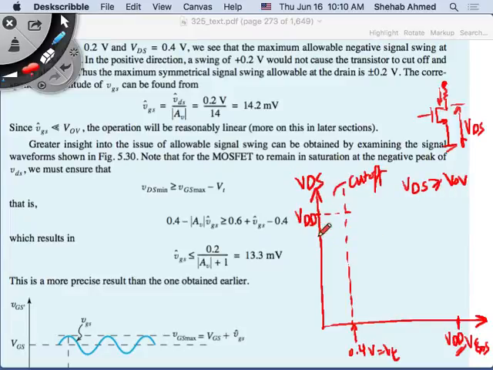So for VDS, some value here is going to be the overdrive. Overdrive we calculated as what? 0.2, right?